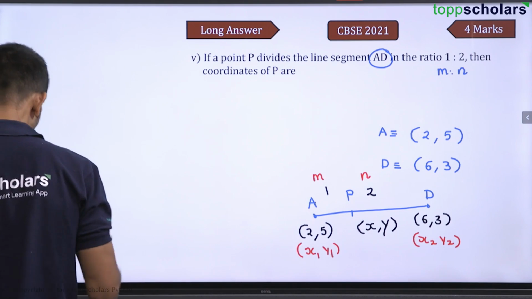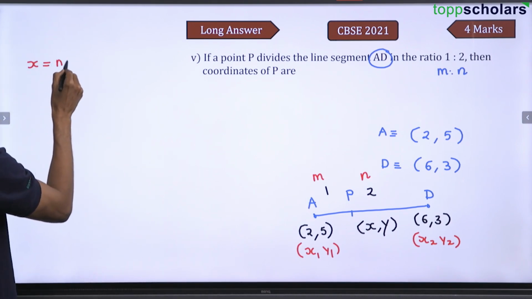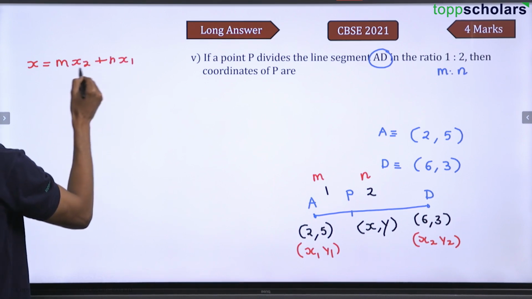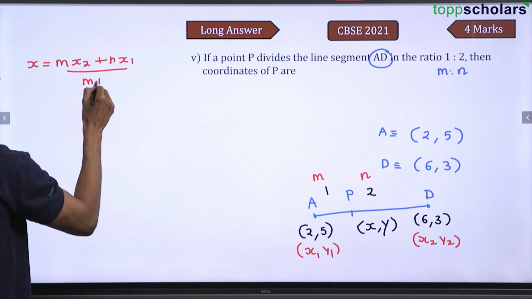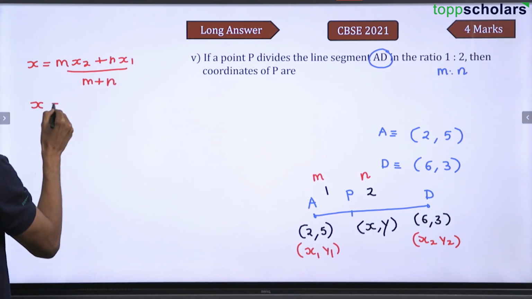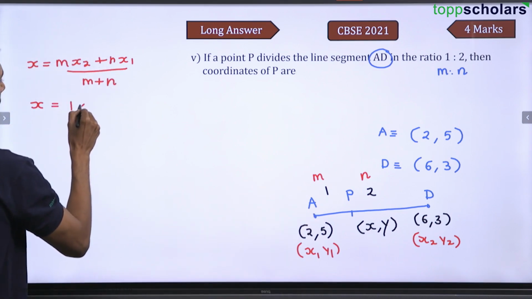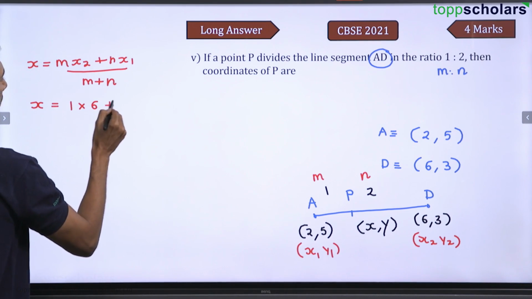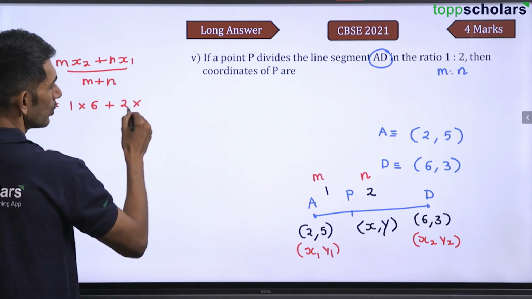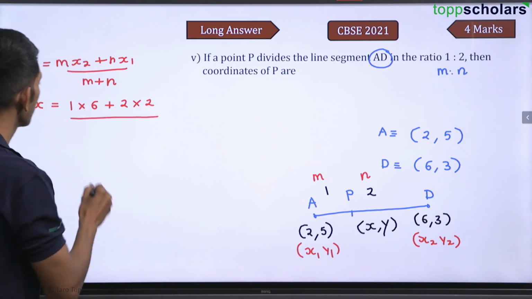Correct? So what do we get? We get x is equal to mx2 plus nx1 by m plus n. So can I say x is equal to 1 into 6 plus nx1, 2 into 2, by 1 plus 2.